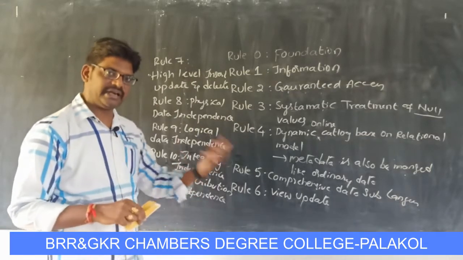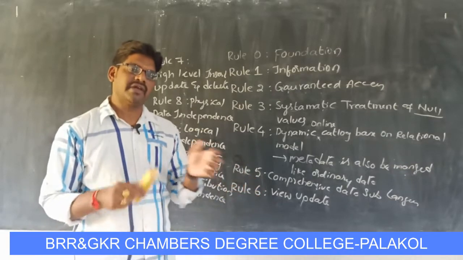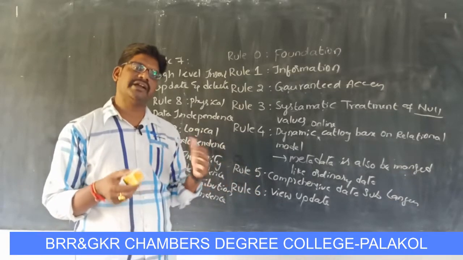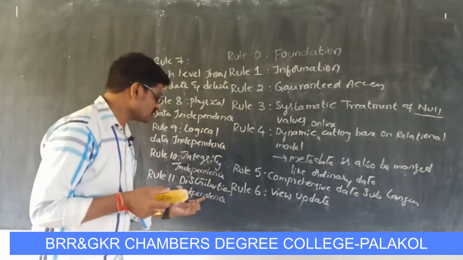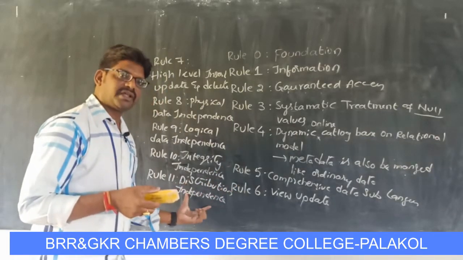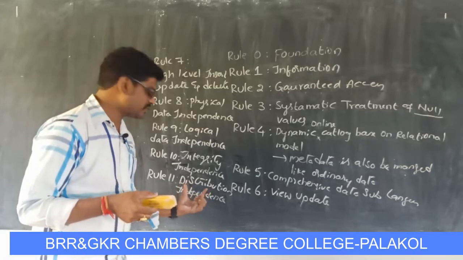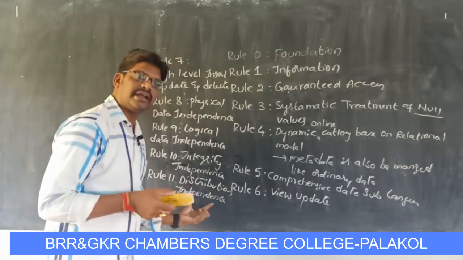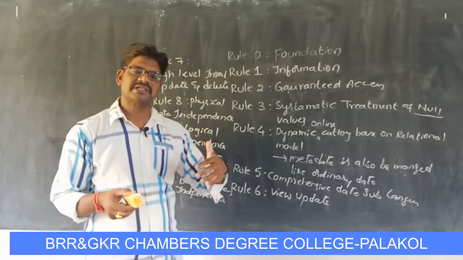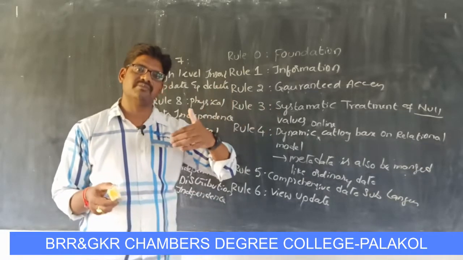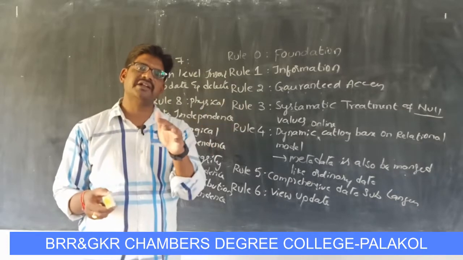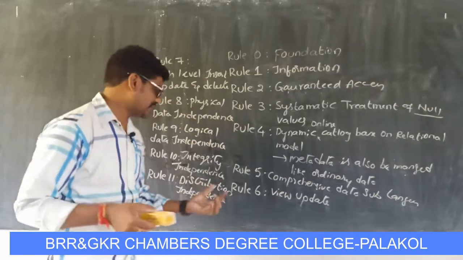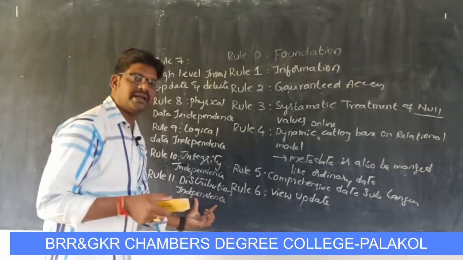Whenever the data is distributed, it does not depend on the different sites. So it is independent of the sites or locations. We call it distribution independence. Some data is present somewhere and some other data is present somewhere else. The locations are different, and that is independent of each other.